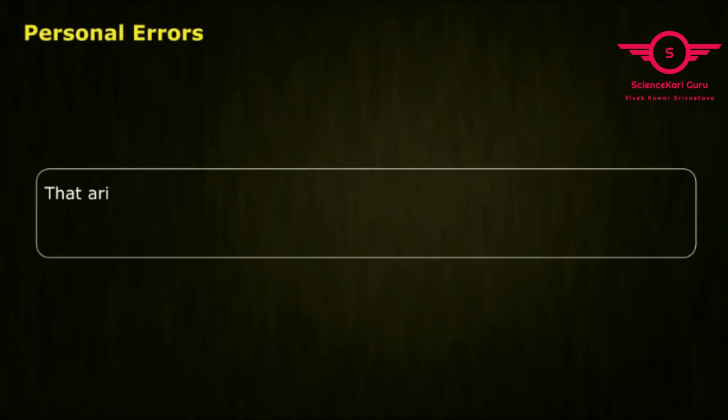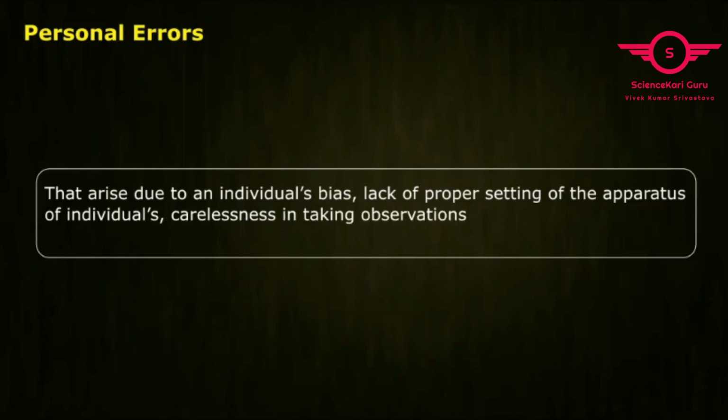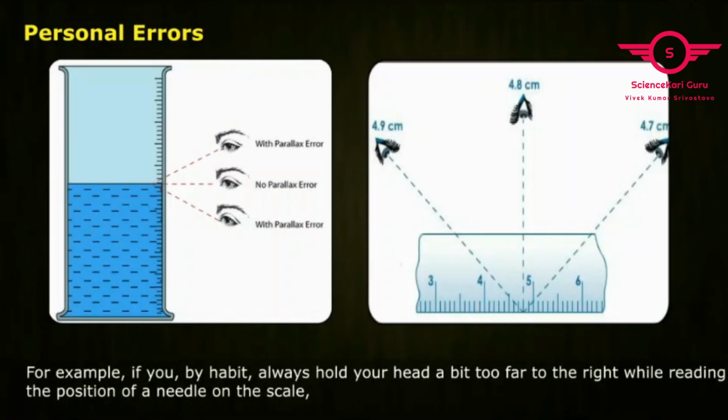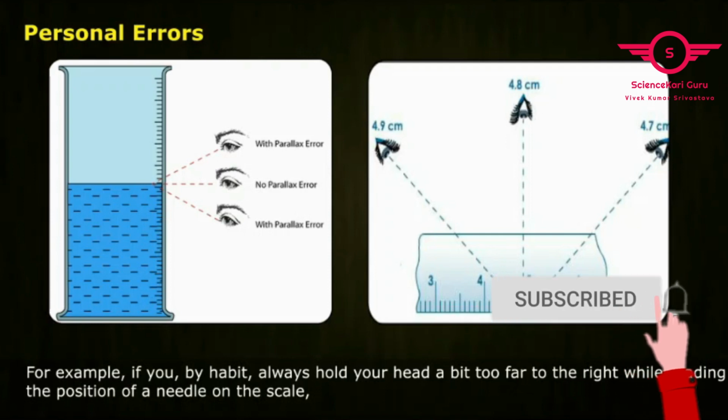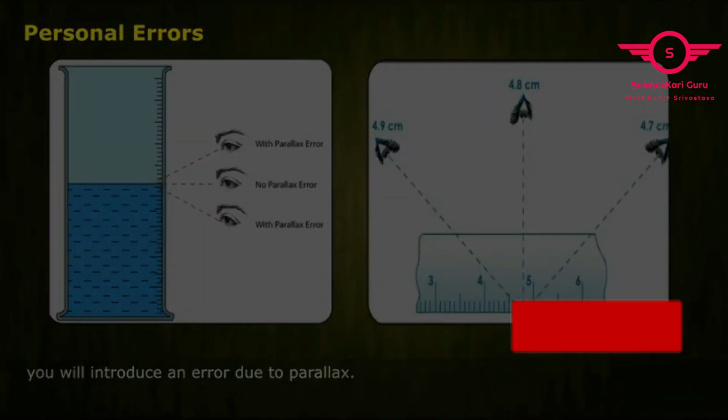Personal errors arise due to the individual's bias, lack of proper setting of the apparatus, carelessness in taking observations without taking proper precautions, etc. For example, if you by habit always hold your head a bit too far to the right while reading the position of a needle on the scale, you will introduce an error due to parallax.